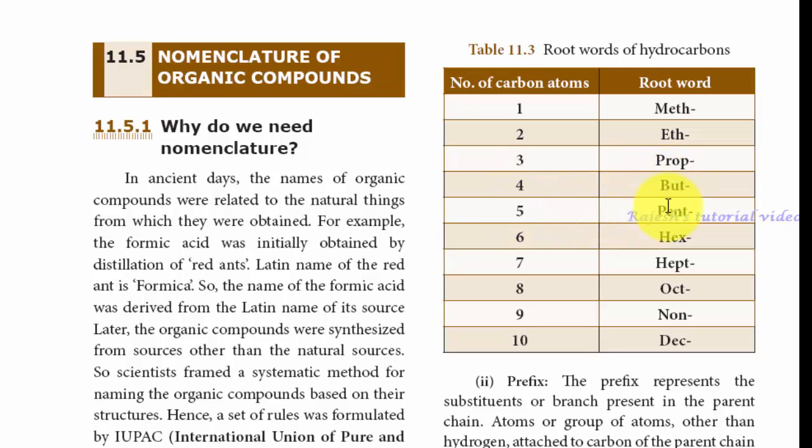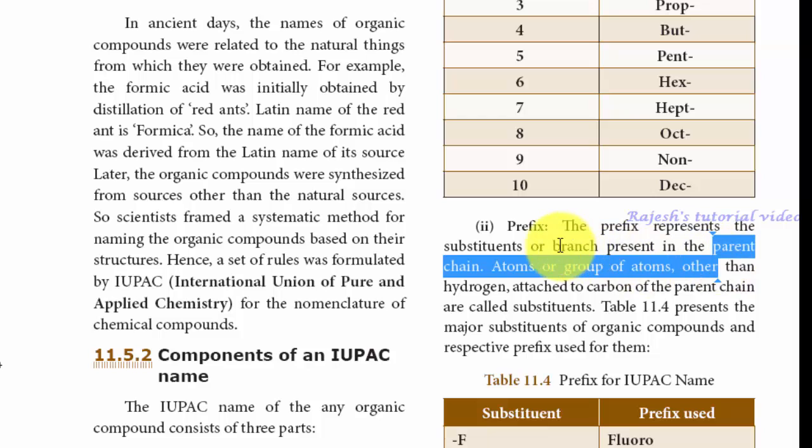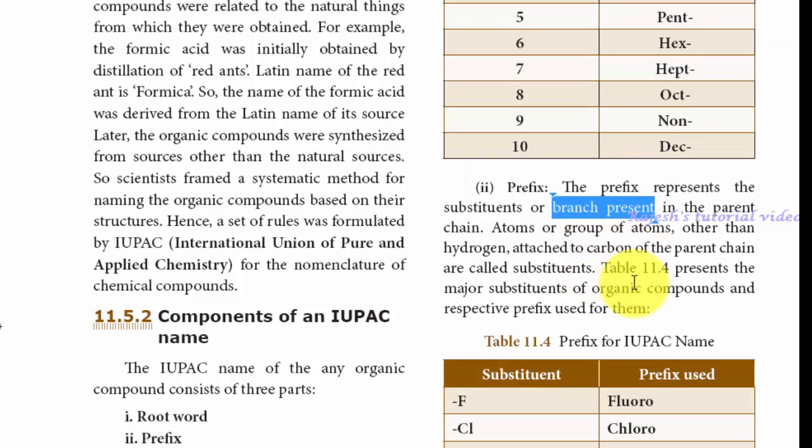And next is the prefix. The prefix represents the substituent group or the branch that is present in the parent chain, bonded to the parent chain. Atoms or groups of atoms may be attached to the parent chain. They are called the substituents or the substituent groups.